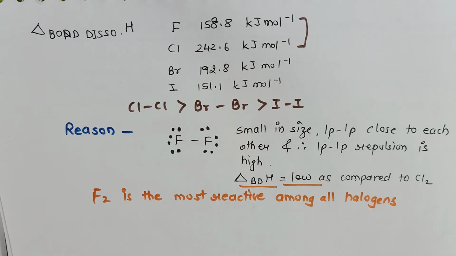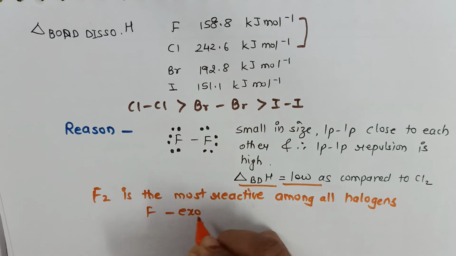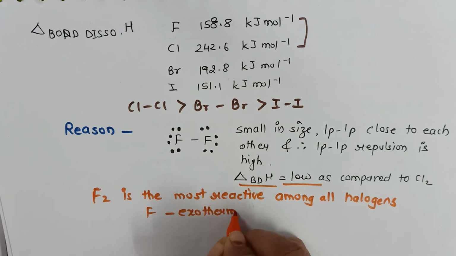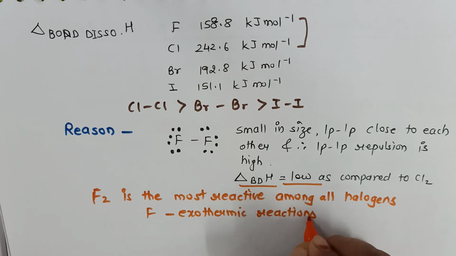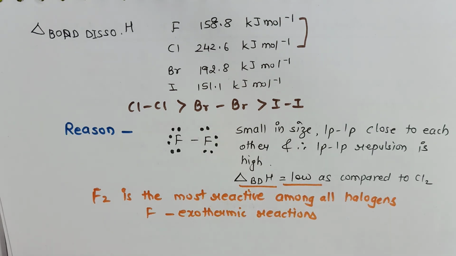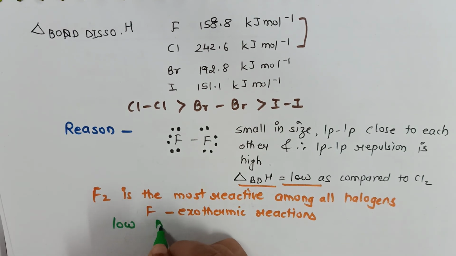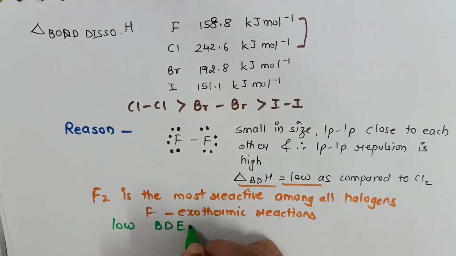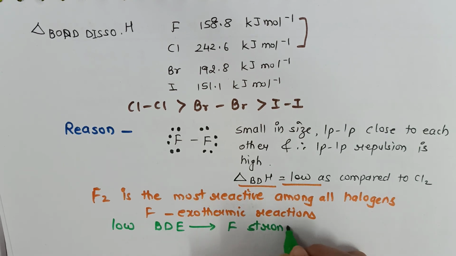So the bond gets broken very easily, and therefore all the reactions of fluorine are highly exothermic, as well as very difficult to control. They are violent reactions. Low bond dissociation enthalpy also explains the reason that fluorine is the strongest oxidizing agent.